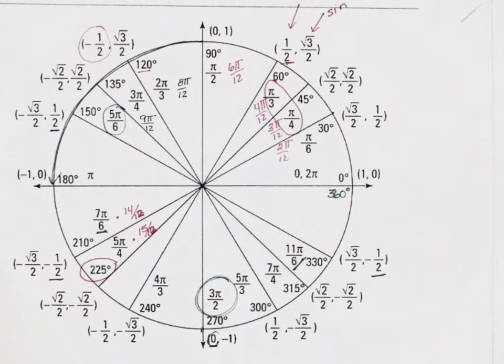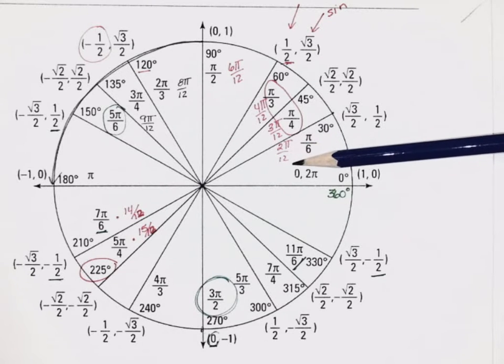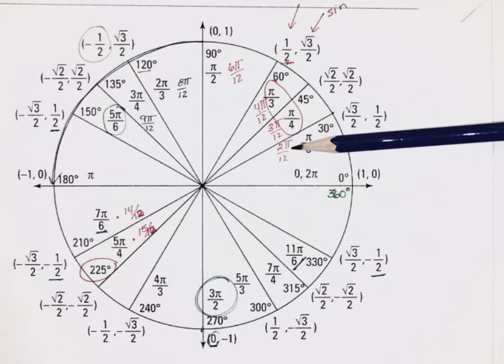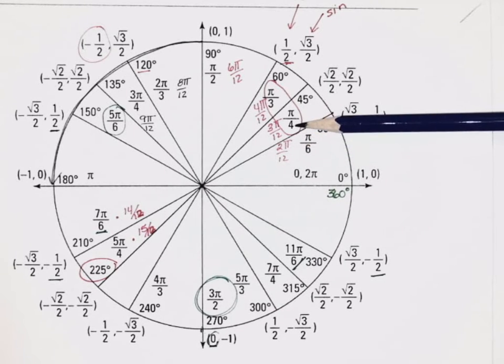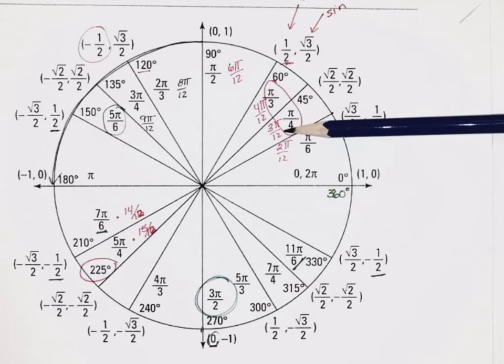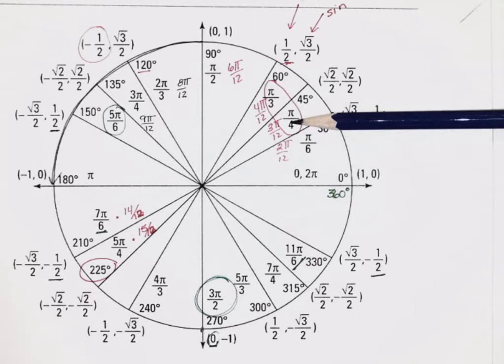It would be helpful, and we did this for other things, and I think it was for increments on the axis when we were graphing them. But I know that I'm looking for something with a denominator of 12. So I've changed pi over 6 to 2 pi over 12. Pi over 4 changes to 3 pi over 12. This might help you see it a little bit better or faster.